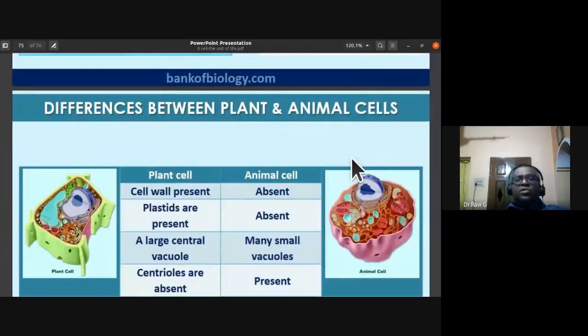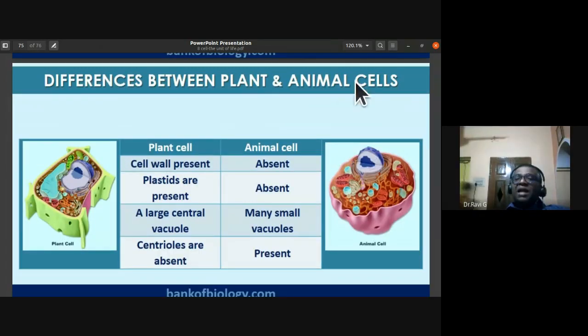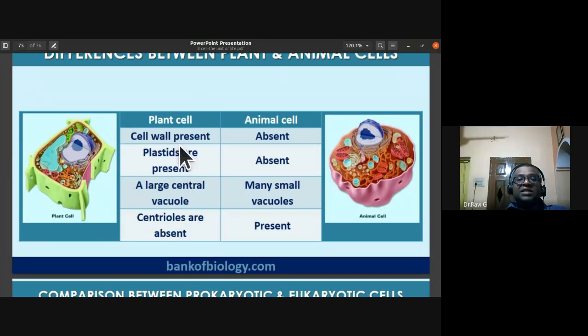A few differences before we wind up the topic. A few differences between plant and animal cells: in plant cells, the cell wall is present, while in animal cells it is absent. Plastids are present in plant cells and absent in animal cells. Plant cells have a large central vacuole, while animal cells have many small vacuoles.